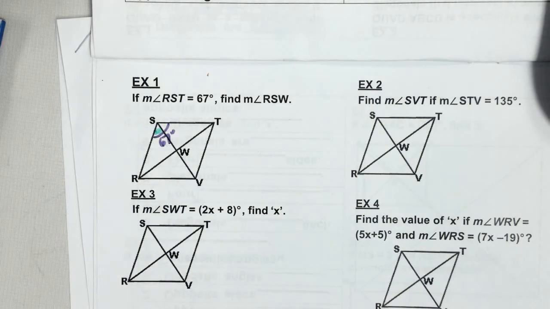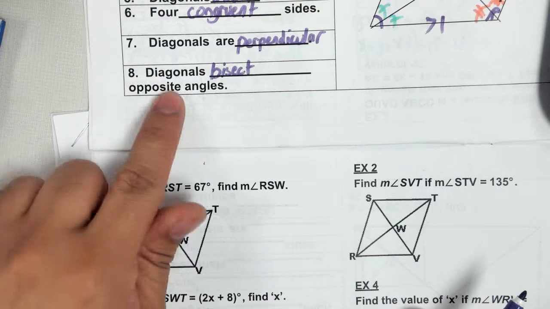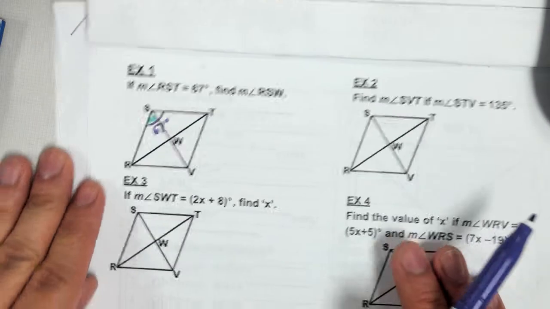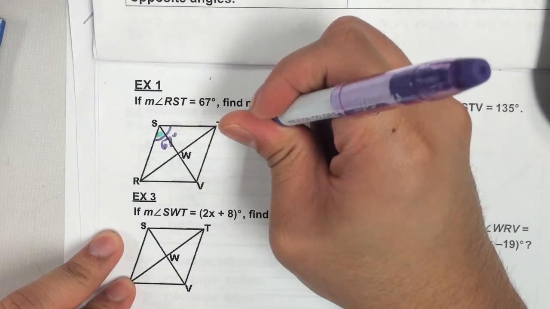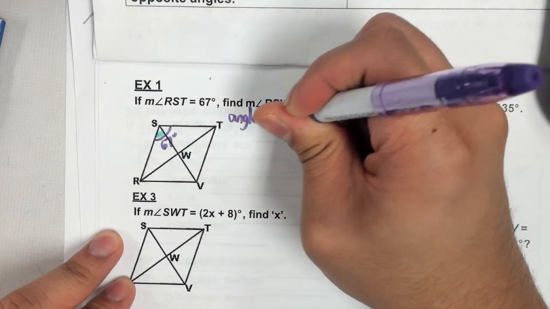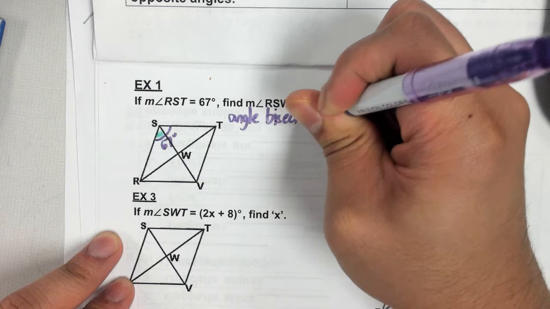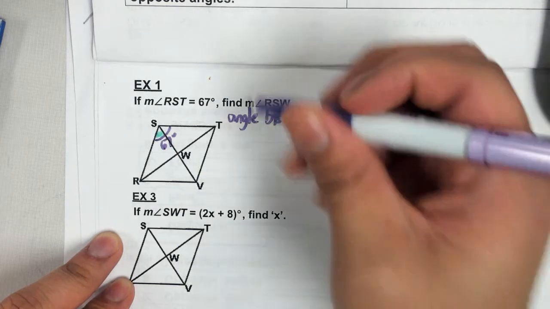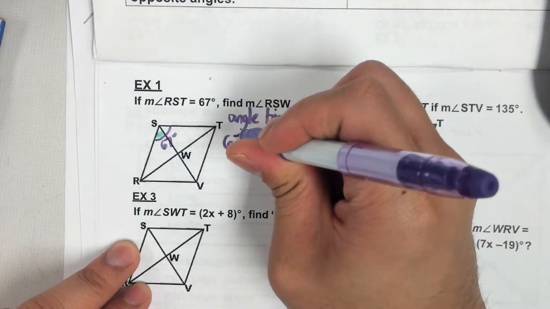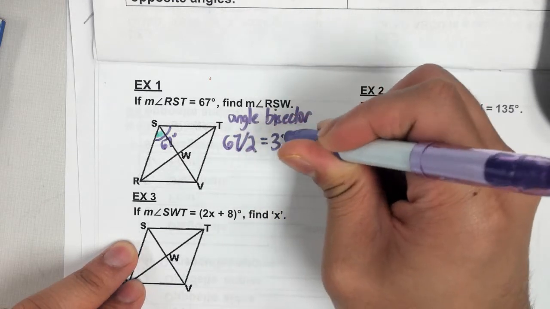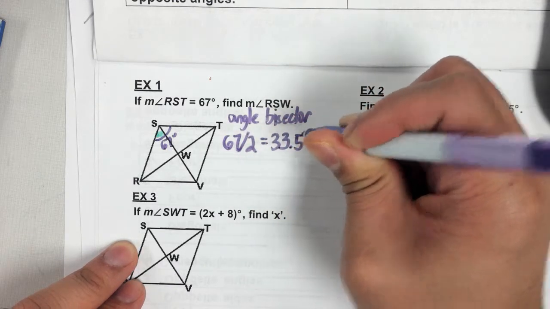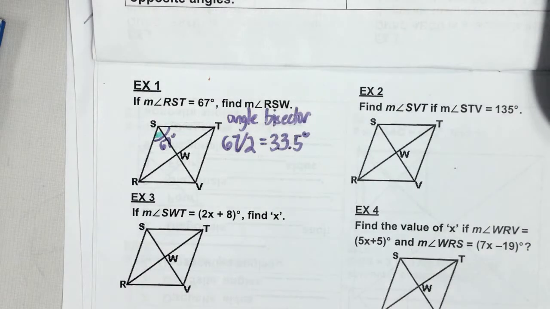Going from property number 8, diagonals bisect opposite angles, we have here an angle bisector. This angle is bisected, so we can do 67 cut in half, which gets me 33.5 degrees. So that's one of our properties, angle bisector.